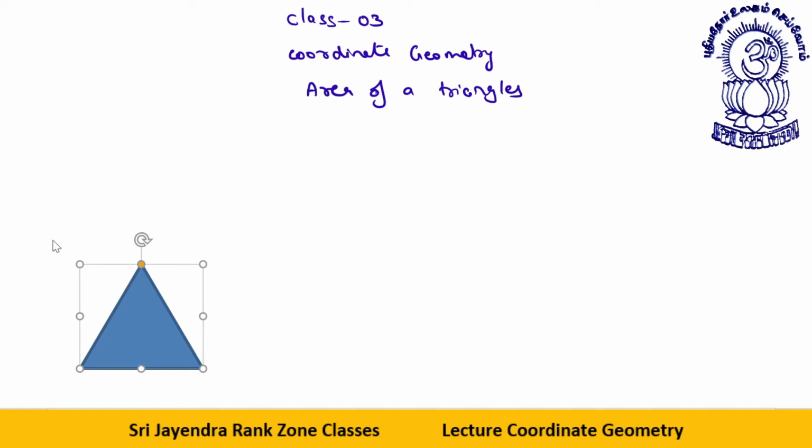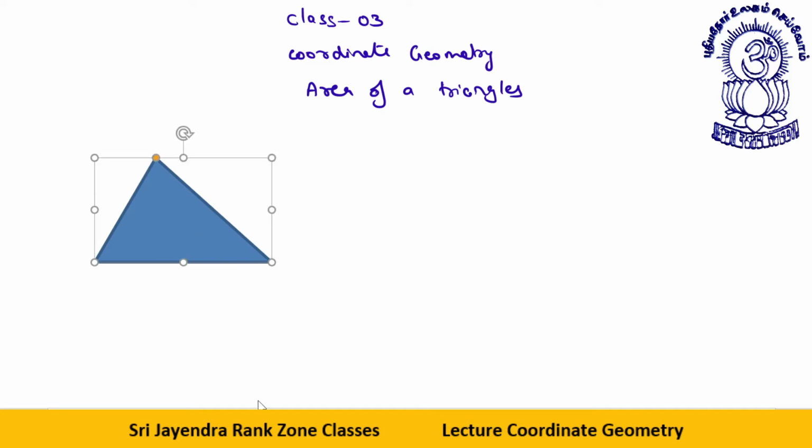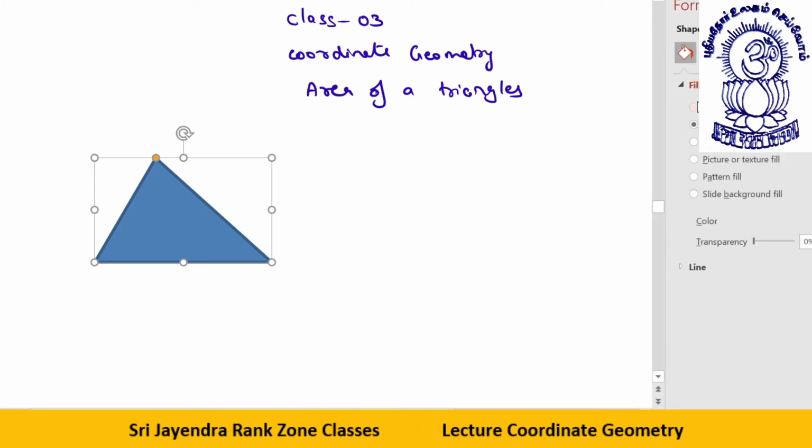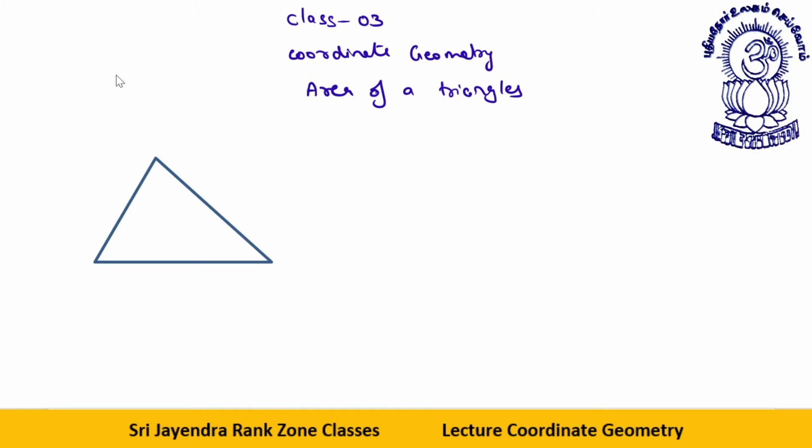Suppose this is a triangle. Let's assume the vertices are x1, y1, x2, y2, x3, and y3.